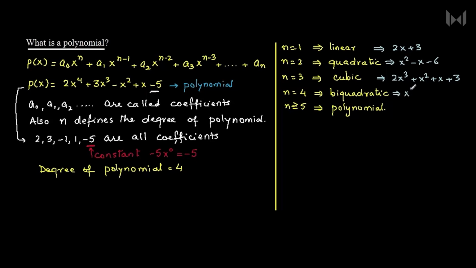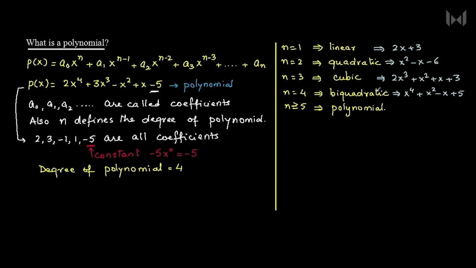For a biquadratic, it will be x to the power 4 plus x square minus x plus 5. So it's quite possible that there may be a term which is not present in the given expression. Like in the biquadratic example which I have written, there is no x cube, but that doesn't mean that it is not a polynomial. And for n greater than or equal to 5, we simply call it a polynomial.